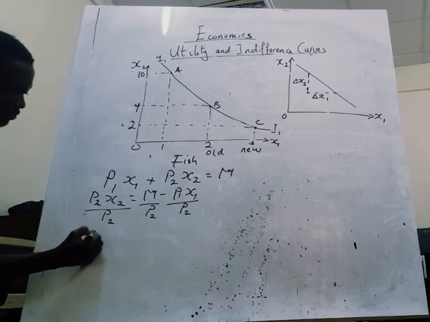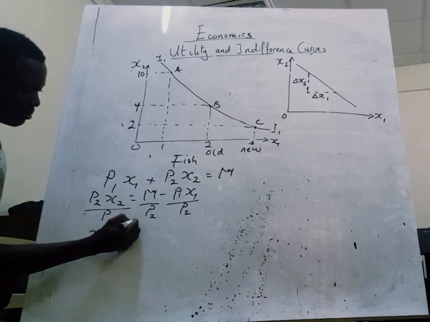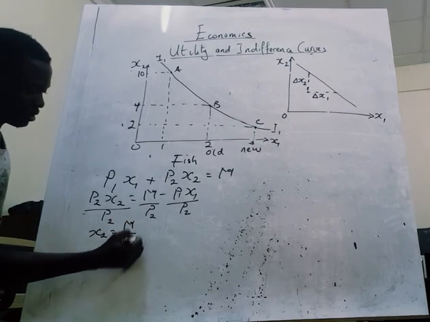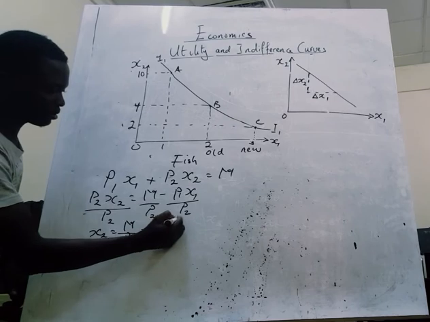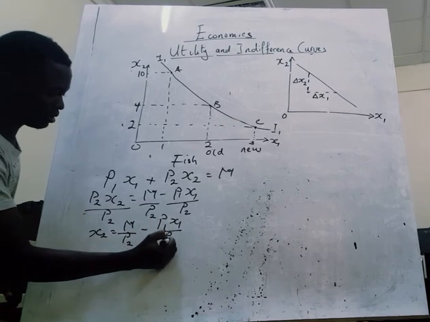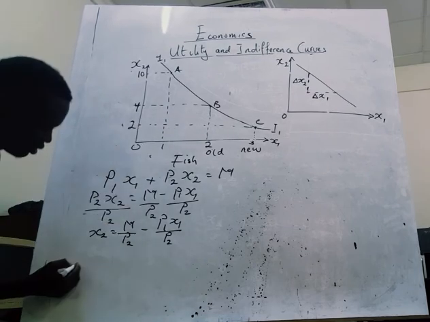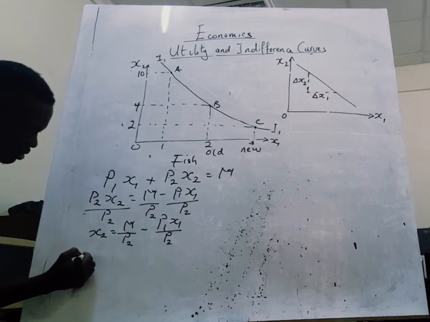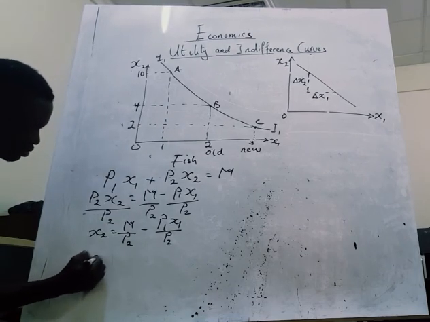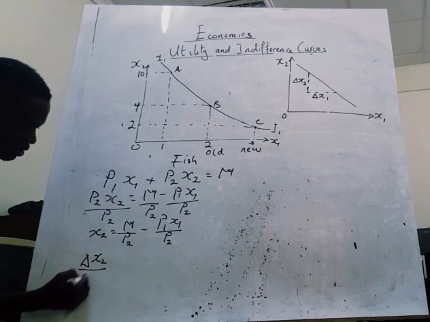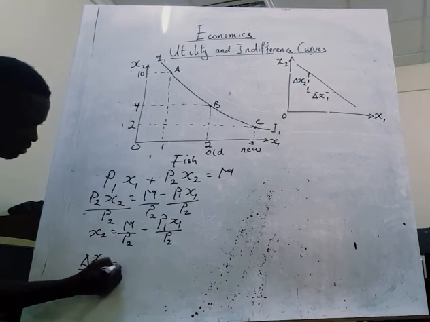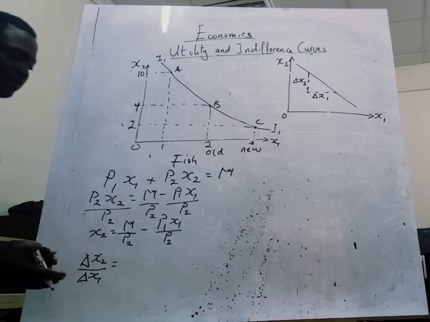So we then have x2 equals m over p2 minus p1x1 divided by p2. Okay, so we differentiate: change in x2 over change in x1. This is from the basic knowledge of calculus that you have.